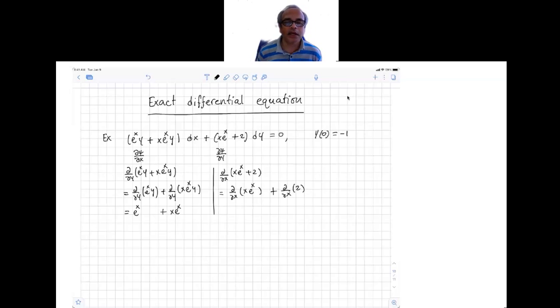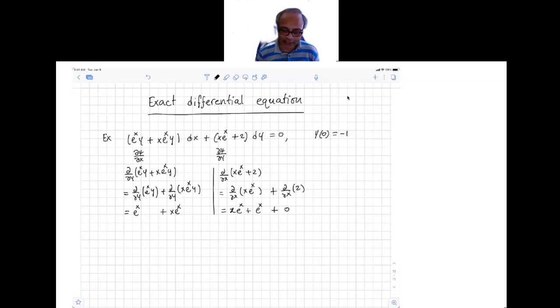In the first term, x times e to the x, you are differentiating with respect to x. It is a product, so you use the product rule. Take the first function, which is x, times the derivative of the second function, which is e to the x, plus the second function, e to the x, times the derivative of the first function x with respect to x, which is 1, plus the derivative of 2 with respect to x, which is just 0.